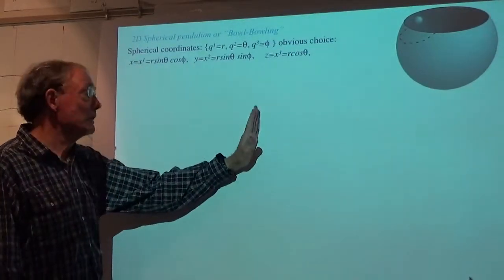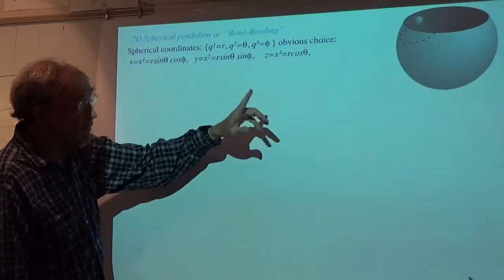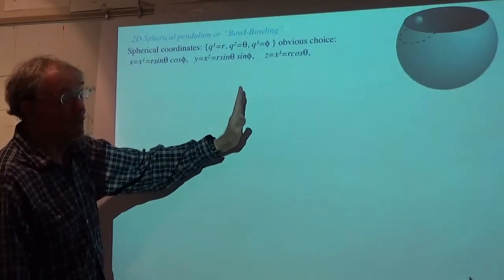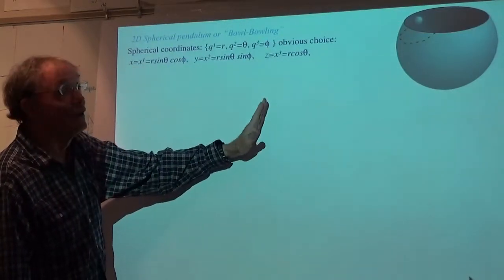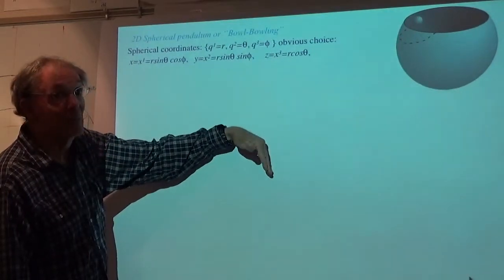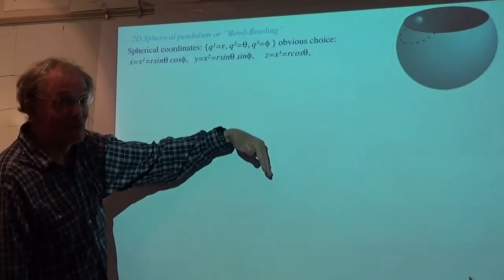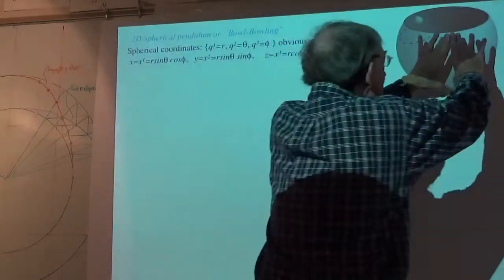It can go all the way around. This one, with any angular momentum, is not going to be able to go all the way around. You see, there's a centrifugal barrier on this axis. It isn't going to be able to go through the north-south pole either. So it's going to be confined to some sort of region.